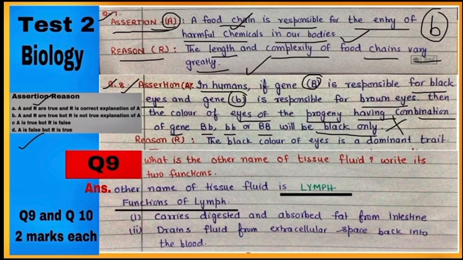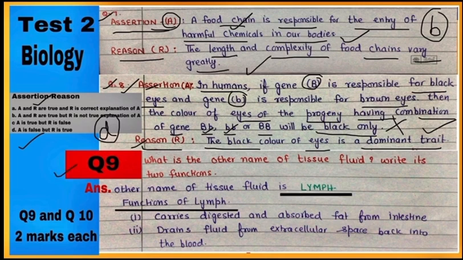Here, capital B small b will have black eyes, small b small b will have brown eyes, while capital B capital B will have black eyes. Now see the reason statement. The black color of eyes is a dominant trait. This is the correct statement. So here A is false but R is true. So the correct answer is D.